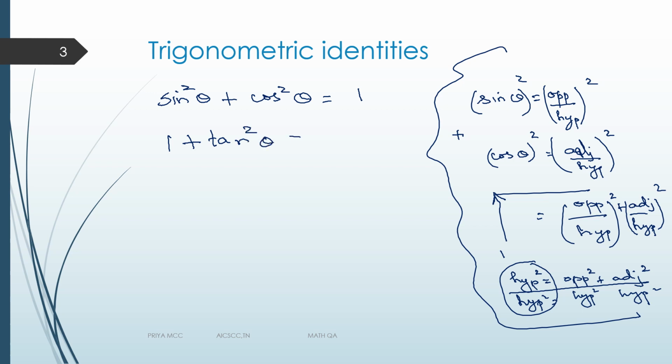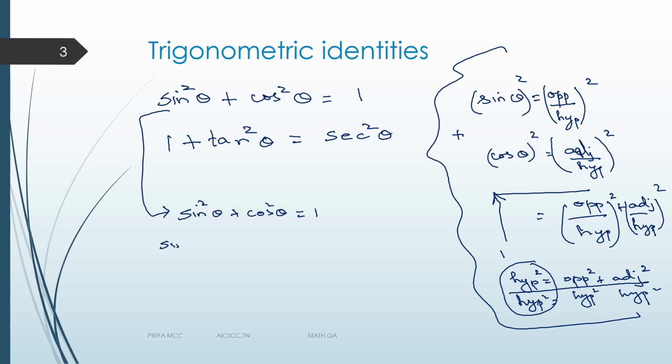Now, 1 plus tan square theta is equal to secant square theta. Again, I can derive using the same idea. You take this sin square theta plus cos square theta is equal to 1.